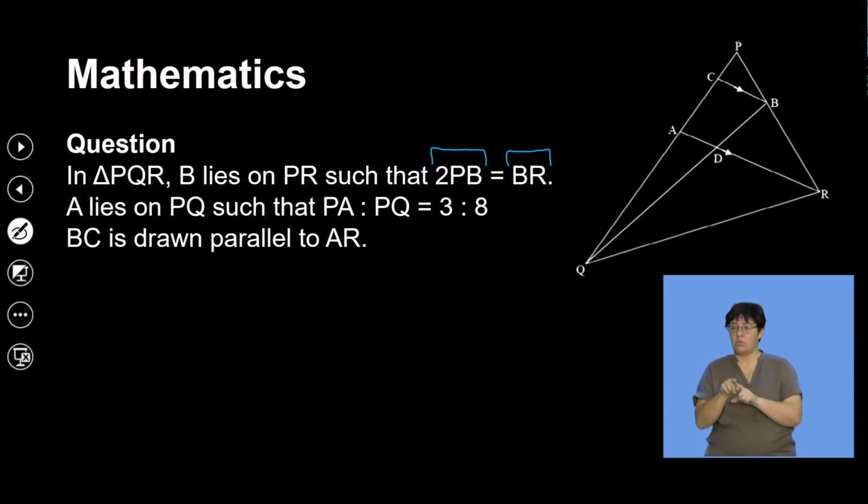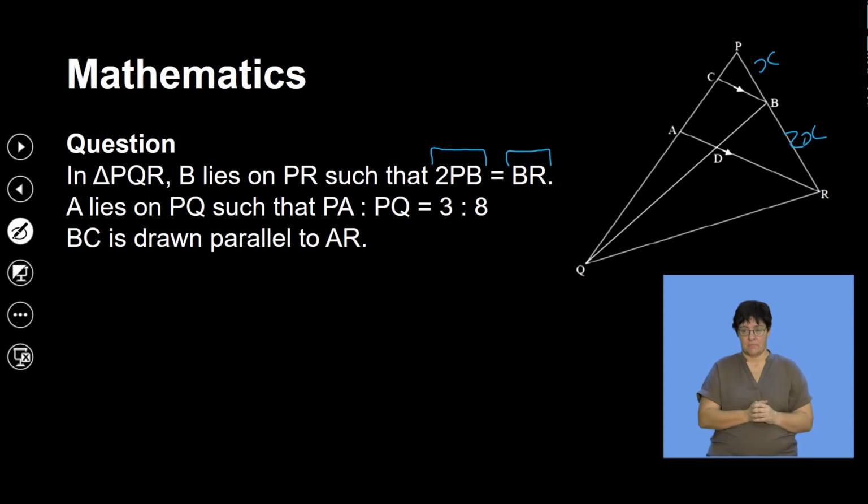So that means if I let BR be 2x, therefore that will make PB to be x. This will therefore be x like that, right? So I can add that information.